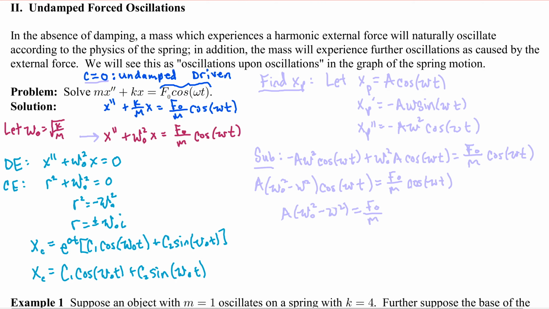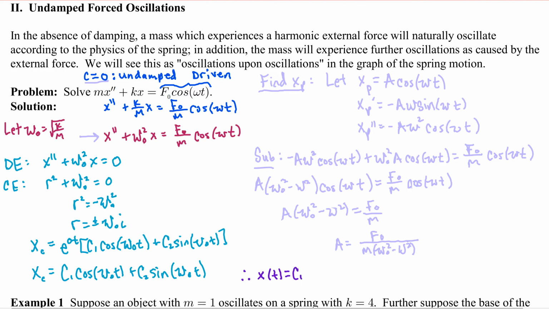Now we can go ahead and solve for A. A would be F naught divided by m times omega naught squared minus omega squared. Got an omega naught and an omega squared to keep track of here. So we have determined our undetermined coefficient, and we can say therefore the general solution x of t is equal to the complementary function.